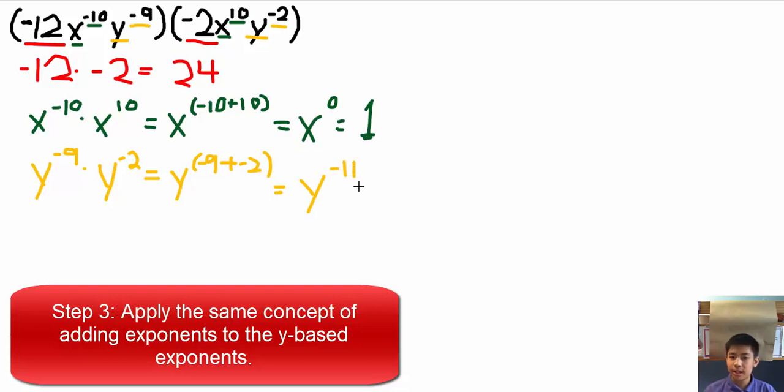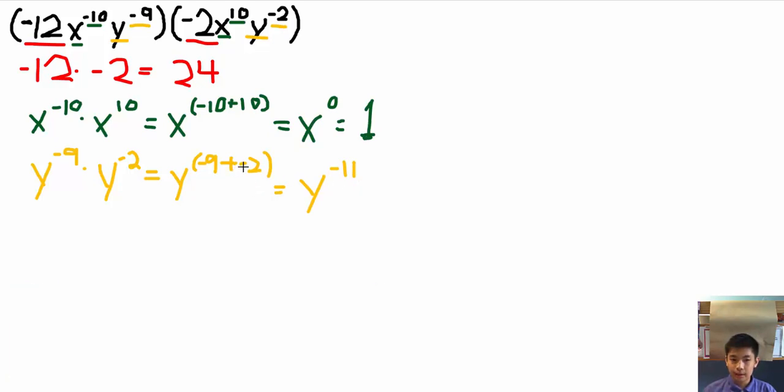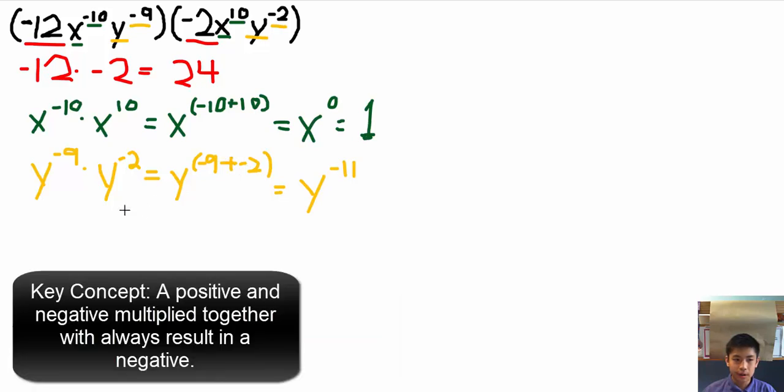Now here's how we got negative 11. A positive and a negative multiplied together will always result in a negative. So if we were to simplify that, we would get y to the negative 9th.